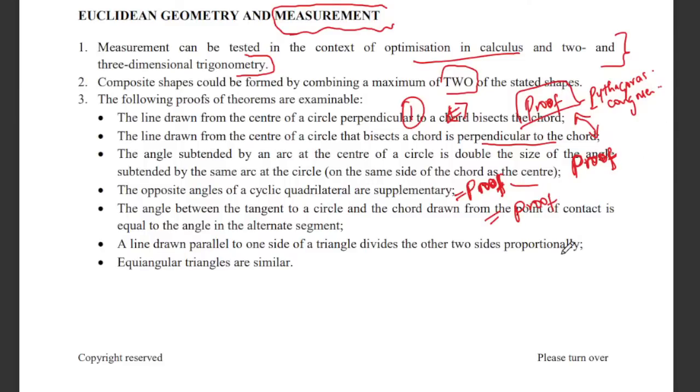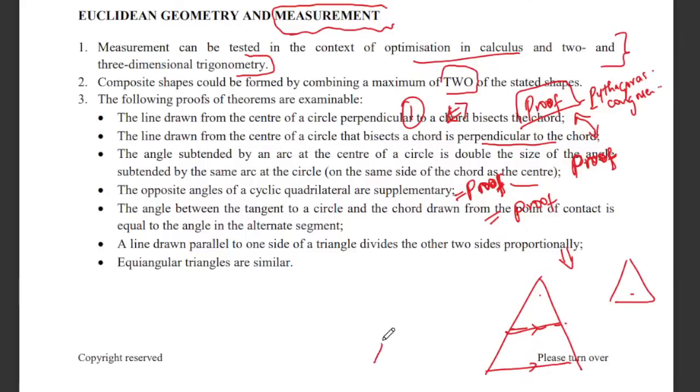And then the last proof that is normally needed is the proportionality theorem, okay? Where you're given 2 triangles, you're told these lines are parallel, and then you have another triangle here, and you have to do some constructions and prove what is happening there.